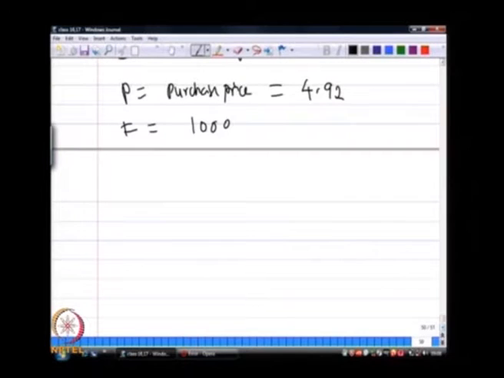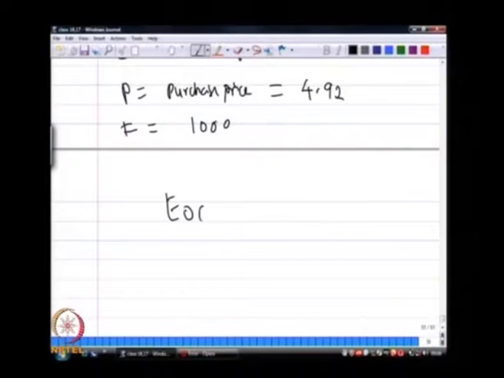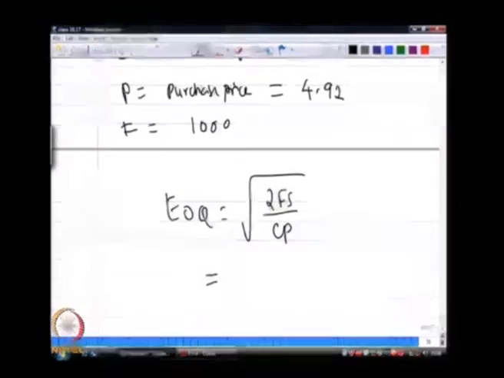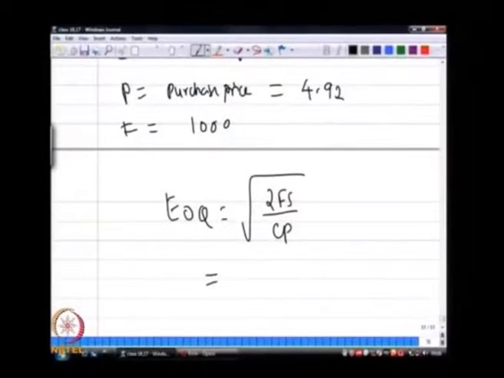Now, let us begin with the fundamental equation, that the economic order quantity is the square root of 2FS by CP. The question is, first let us calculate the economic order quantity for this entity whose annual sales is so much, the ordering cost is so much, the carrying cost is so much, and the purchase price is 4.92.